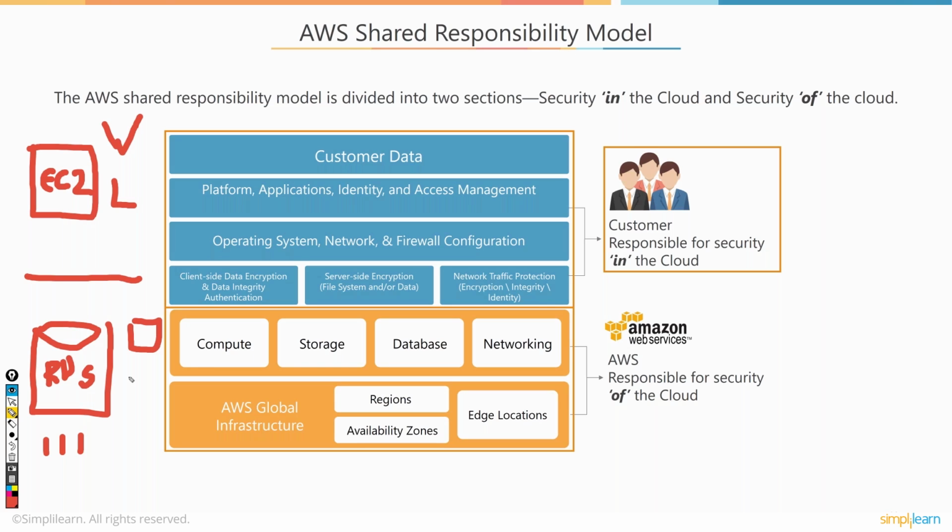For those who don't know, IaaS is infrastructure as a service, and PaaS is platform as a service. You can think of AWS as infrastructure as a service. You can think of RDS as a platform, which means it is platform as a service provided to you, and all you need to do is just upload your data and use it.